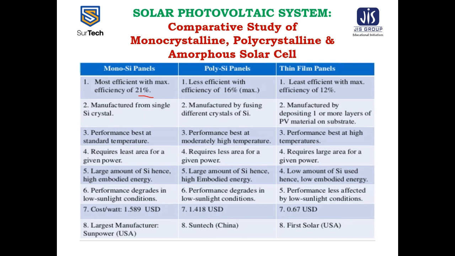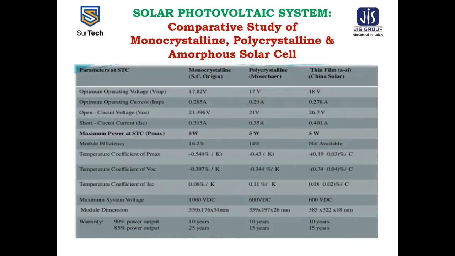SunPower USA is the largest manufacturer for the monocrystalline silicon panels. Suntech of China for the polycrystalline silicon panels, and First Solar of the USA is the largest manufacturer for the thin film type of solar.